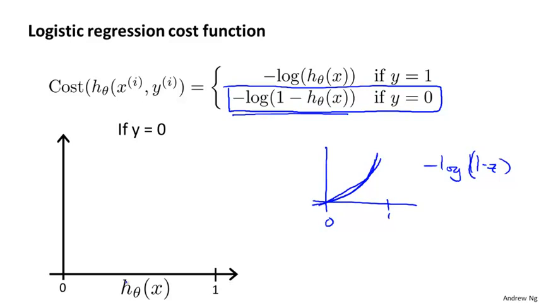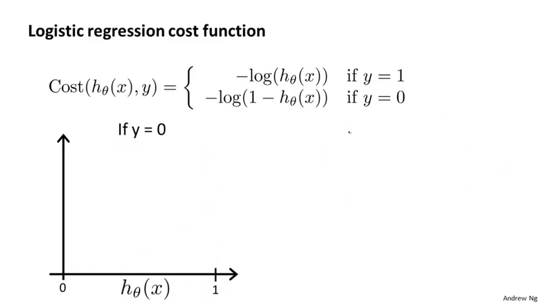And so if you plot the cost function for the case of y equals 0, you find that it looks like this. And what this curve does is it now blows up and goes to plus infinity as h of x goes to 1, because this is saying that if y turns out to be equal to 0, but we predicted that y is equal to 1 with almost certainty, with probability 1, then we end up paying a very large cost.